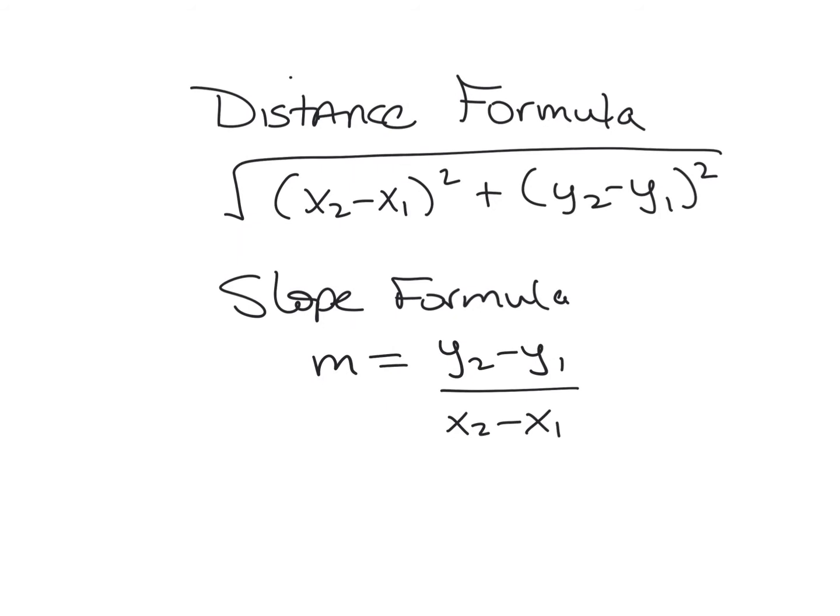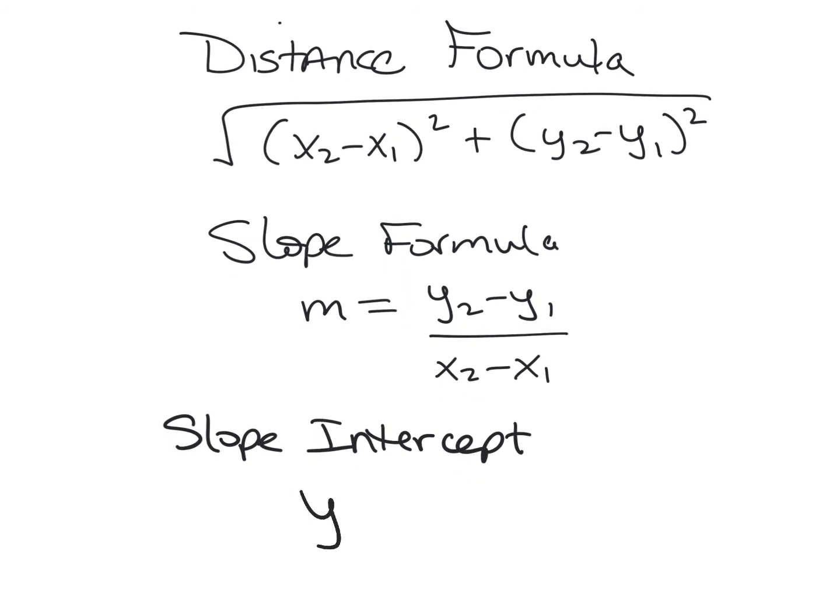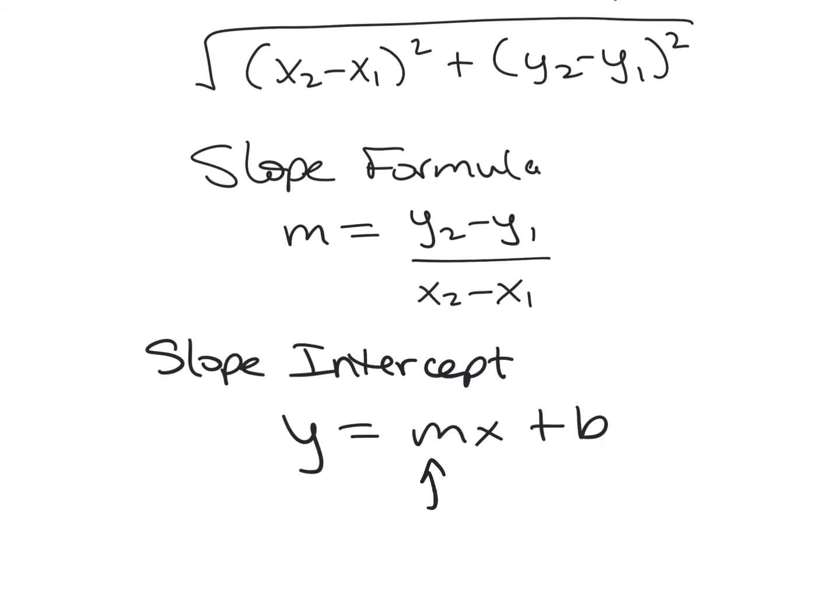And the other formula you need to memorize is the slope-intercept formula. And that is y equals mx plus b, where m is your slope and b is your y-intercept. You will not have to graph tomorrow. You're just going to come up with the equation.